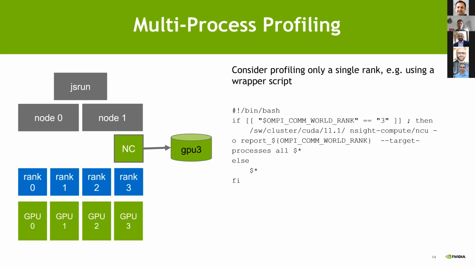So just to not consume as much disk space and make the analysis later easier, you might just want to profile only, in this case, rank 3 of this MPI job. And then you can just wrap your launcher script in another script that only prefixes the job with Nsight Compute if that's a certain rank.